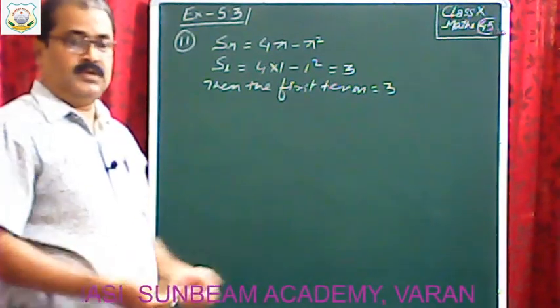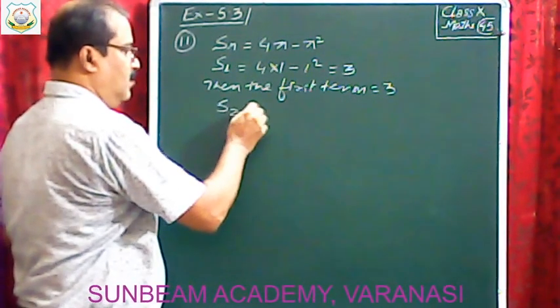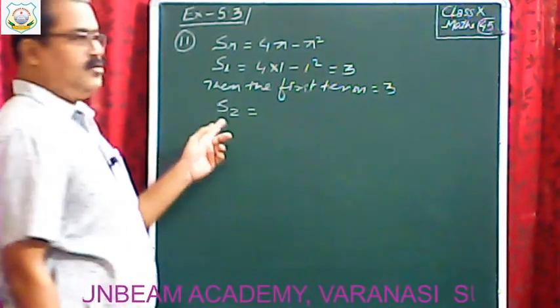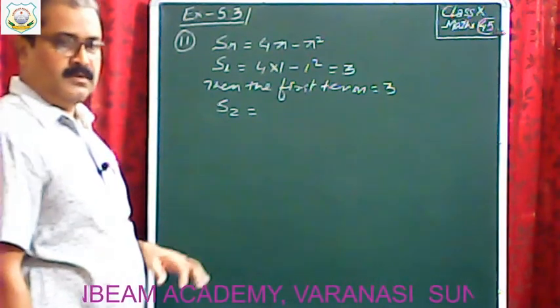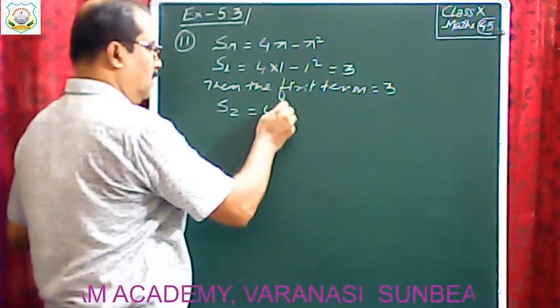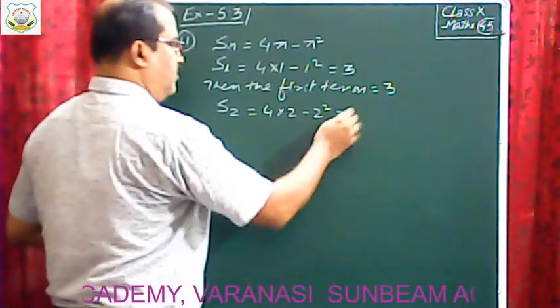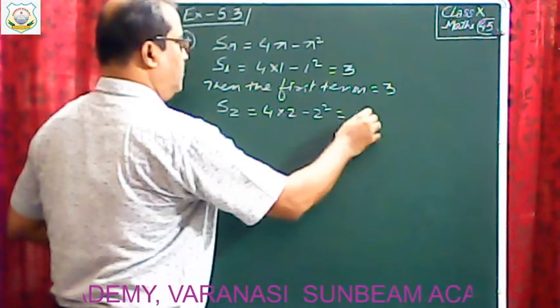Sum of first two terms: Sn we have, if we put n equal to 2, we get S2, the sum of first two terms of the AP. So substitute n equal to 2. What do we get? 8 minus 4, 4.